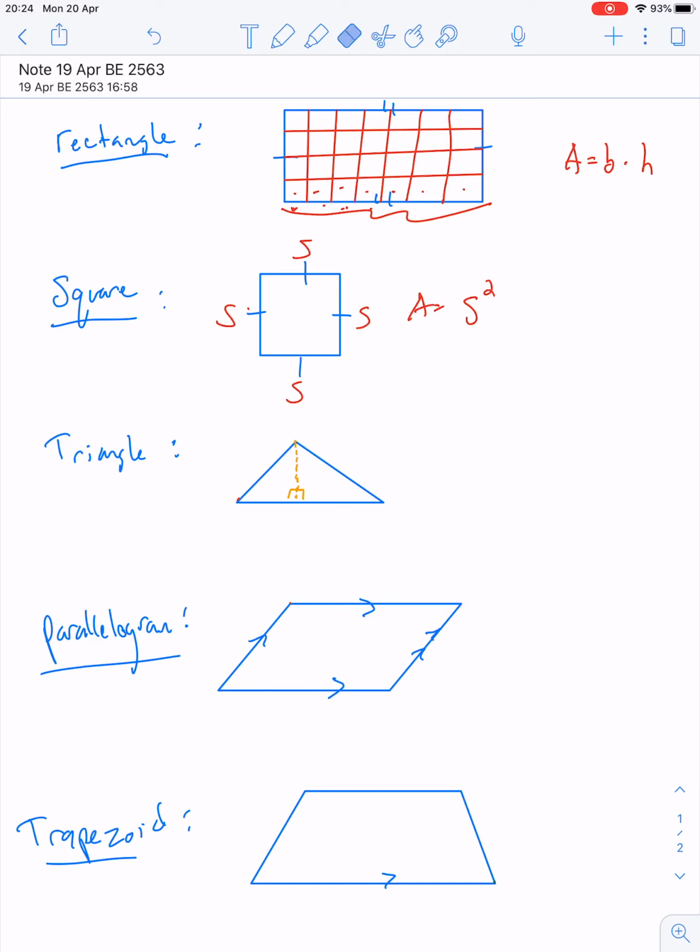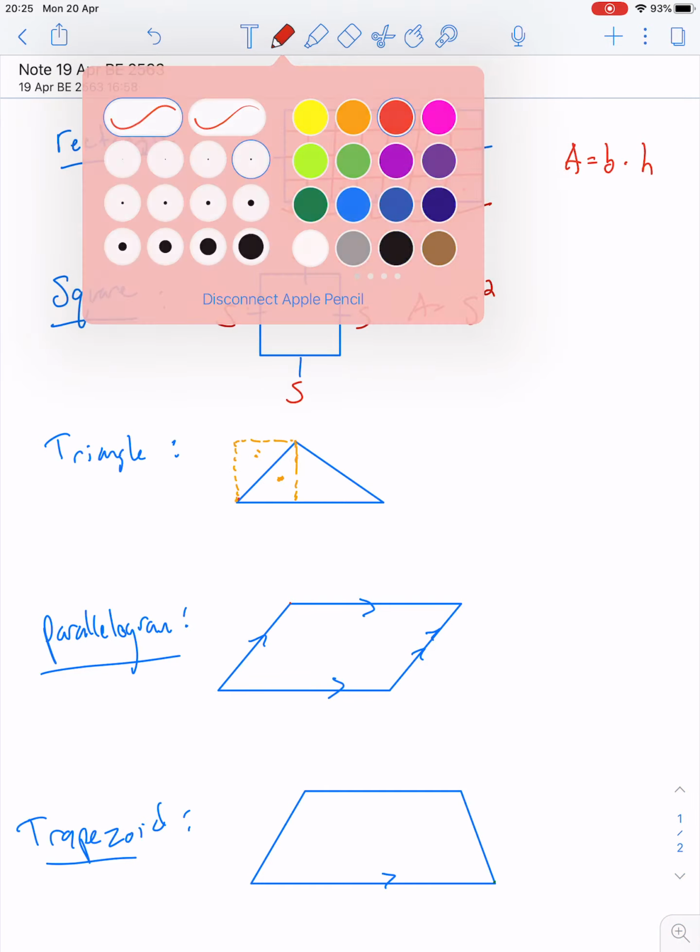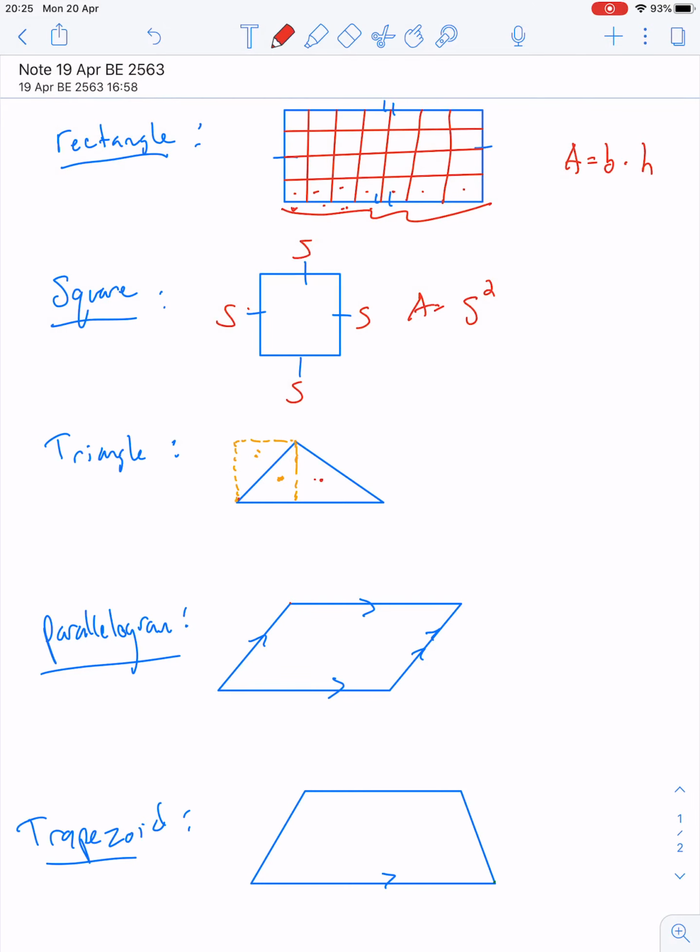So say I did that, and I was looking for this section right here. If I made another section that's equal to this section, they're equal, and then I did this section and made another section that's equal.